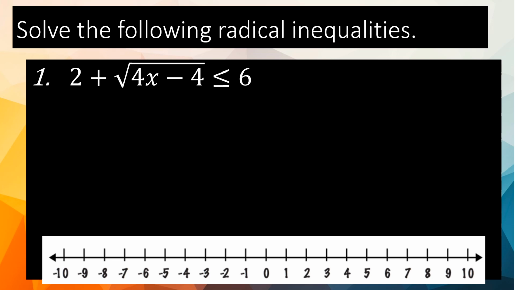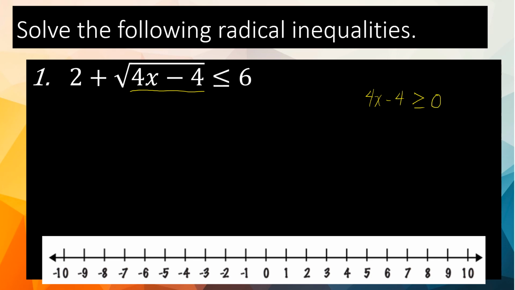So your radicand again should have a value that is greater than or equal to 0. So from this given inequality, your radicand is 4x minus 4. So let's copy that: 4x minus 4. Again, your radicand should be greater than or equal to 0.